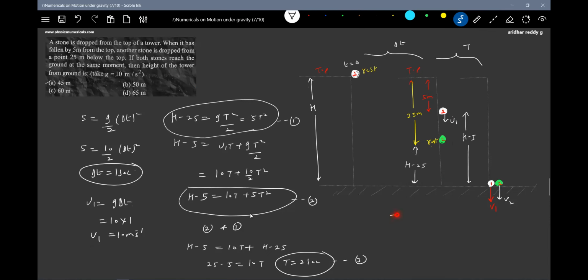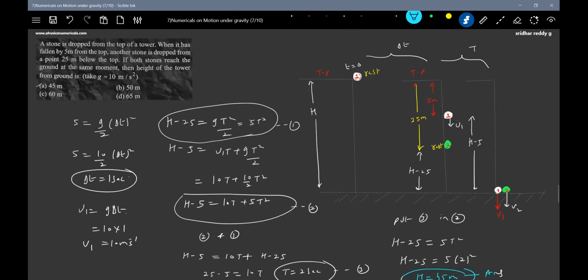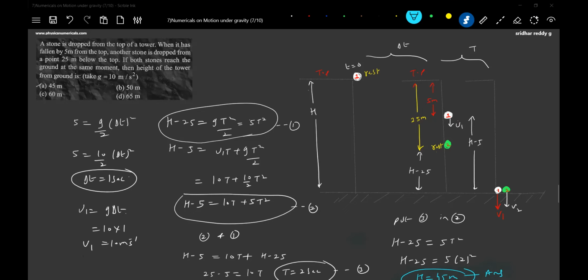Put 3 in 2. h minus 25 equals 5t square. h minus 25 equals 5 into 2 square. h equals 45 meter. This will be our answer.